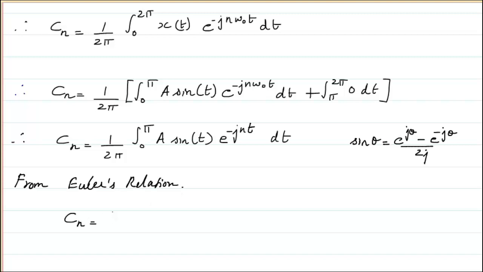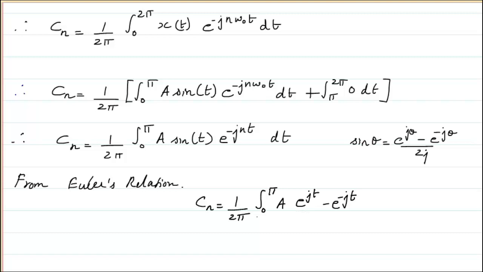Let me rewrite it a little bit on top because the page is going to end. Cn is equal to 1 by 2 pi integral 0 to pi A times, now instead of sine t I will write e raised to power jt minus e raised to power minus jt divided by 2j.